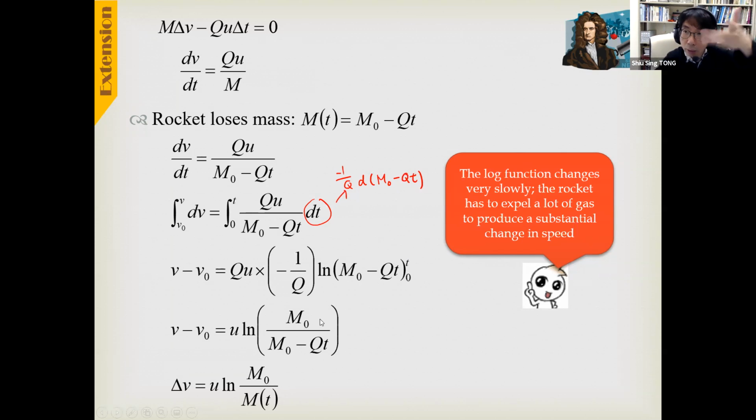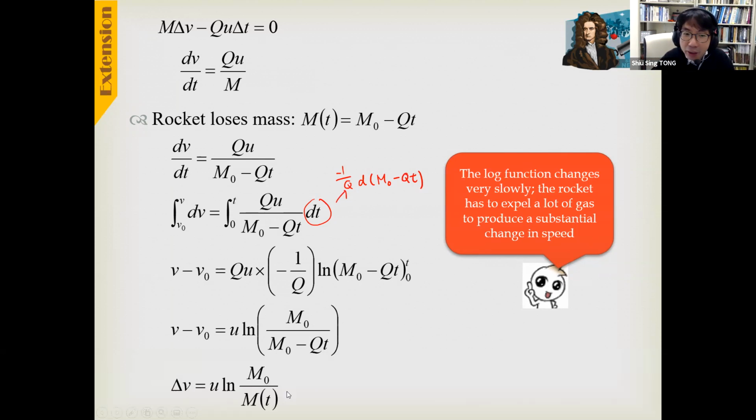So I can invert the numerator and denominator inside the log. And I can see that the denominator is the mass at time t, right? The left-hand side is delta v, the change in velocity, equal to the ejected fuel speed multiplied by log m0 over m. That is the result.